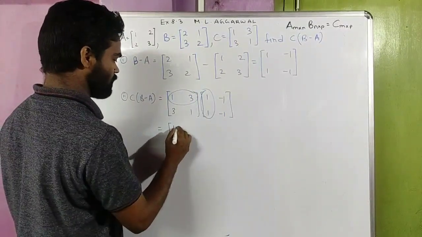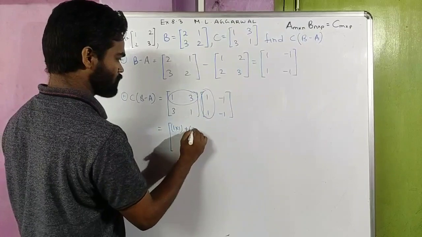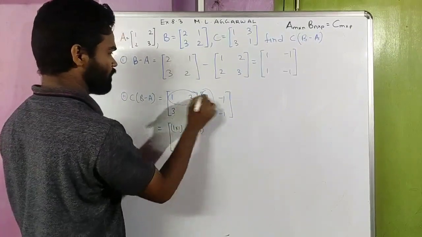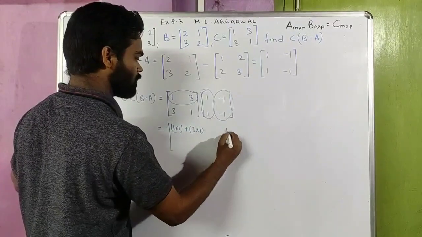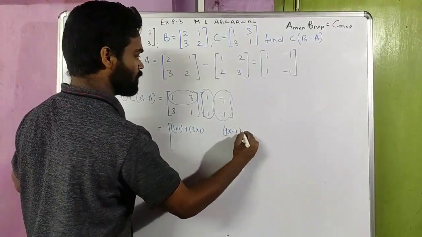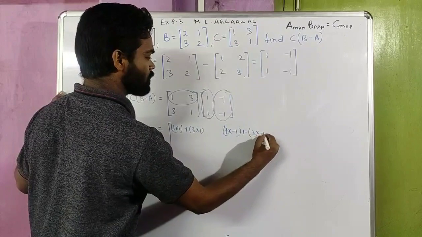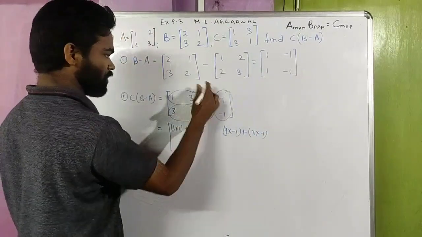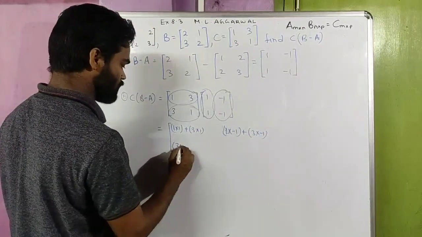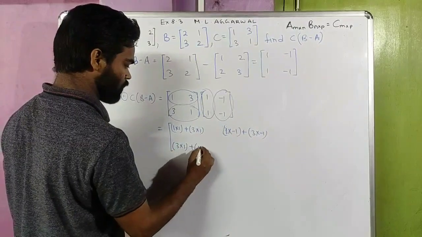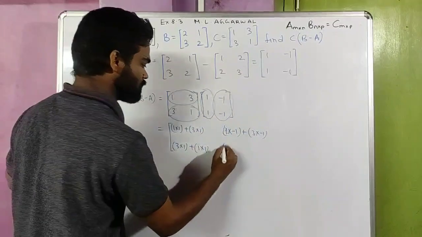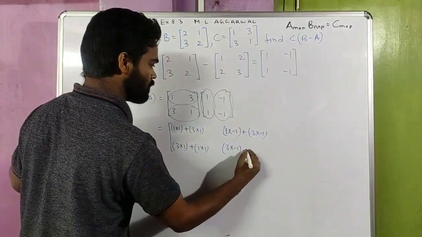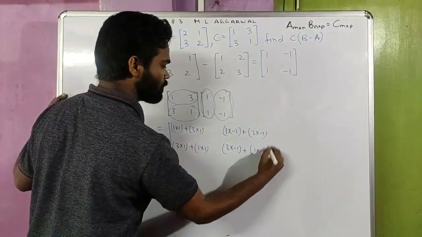So it becomes 1 cross 1 plus 3 cross 1. Over here, first row, second column. So 1 cross minus 1 plus 3 cross minus 1. Then again, second row, first column. So that's 3 cross 1 plus 1 cross 1. Look carefully. Then second row, second column. That's 3 cross minus 1 plus 1 cross minus 1.